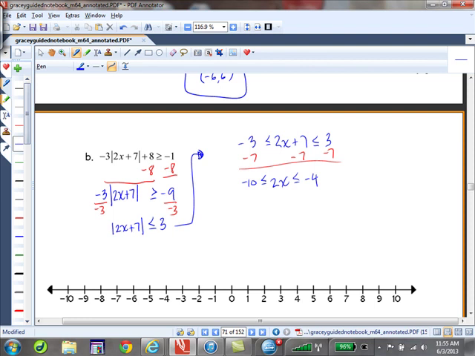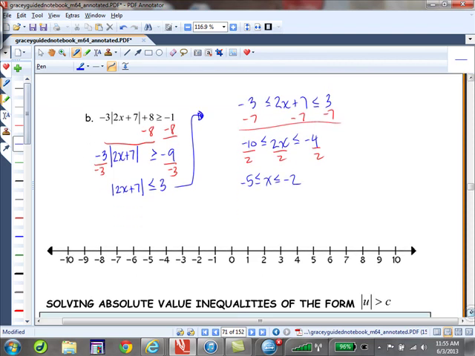We didn't need to switch anything because we were subtracting, not multiplying or dividing by a negative. Now, if we divide each component by +2, we will have -5 is less than or equal to x is less than or equal to -2.